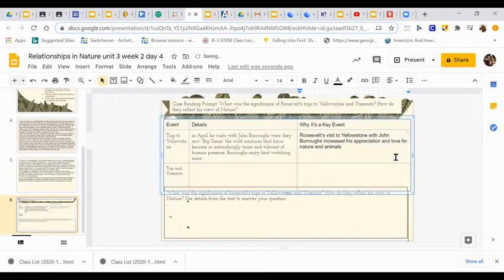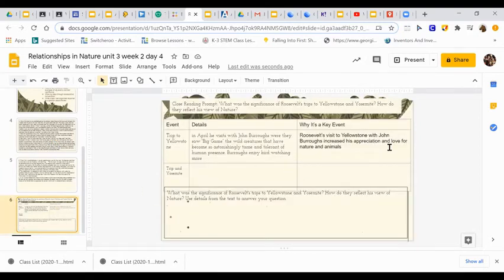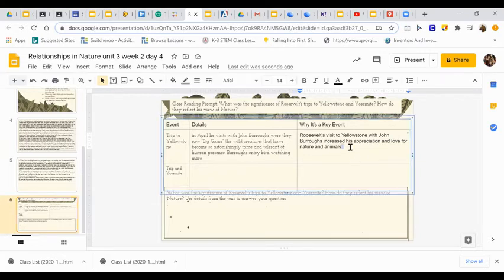I mean, what we're doing on this side is just talking about why you chose those events. Why were these important events that occurred while he was at Yellowstone? Okay, we realize that he really loves going there, and he appreciated the nature and he loved the animals, and it showed. Okay, it also showed that not everyone has the same views.